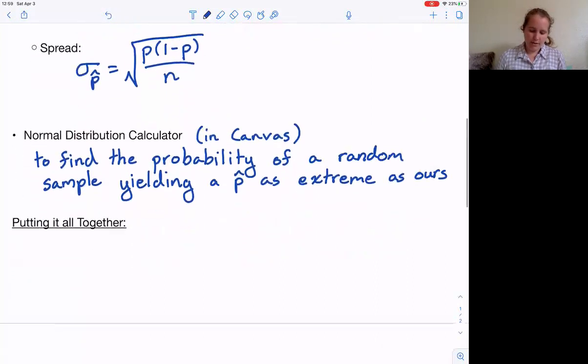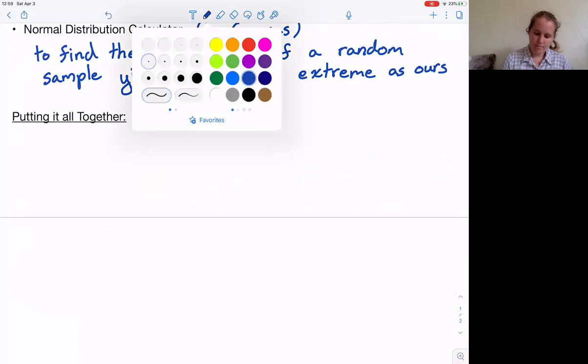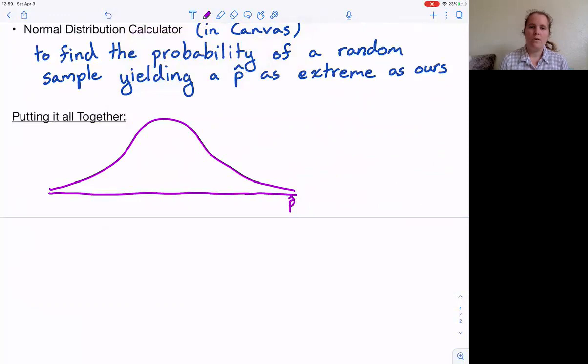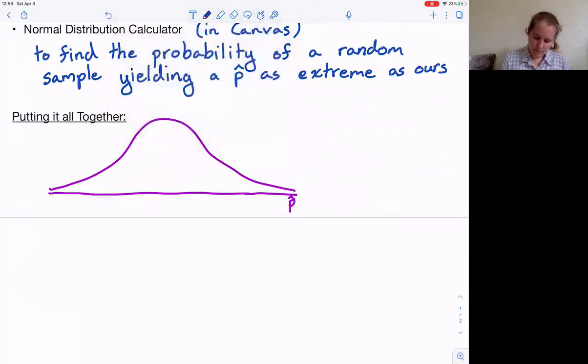So putting it all together, essentially we'll have our p hat distribution. So here's our p hat distribution. Then in the middle is our assumed p. So this is the claimed p.